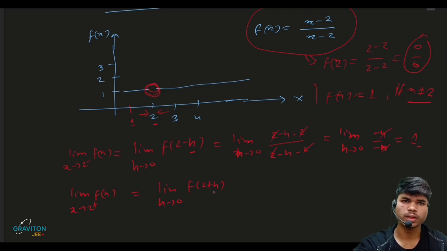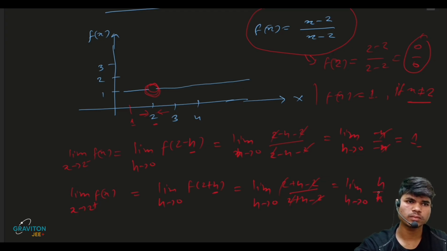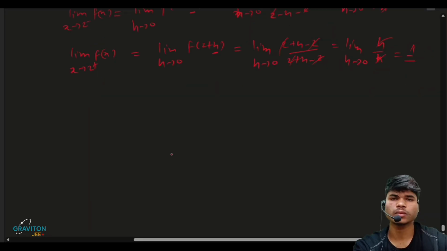We are adding a very small number to 2, and this will be equal to limit h tends to 0 of 2 plus h minus 2 divided by 2 plus h minus 2, and this will cancel out. So we will get limit h tends to 0 of h divided by h. So it will cancel out each other. So we will get 1.